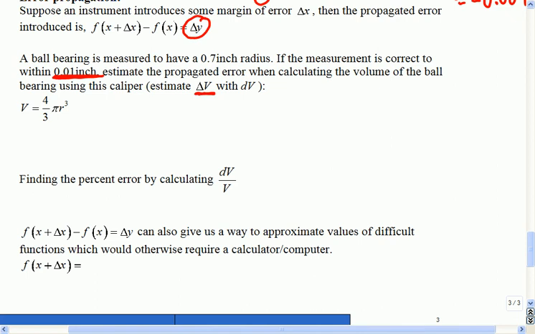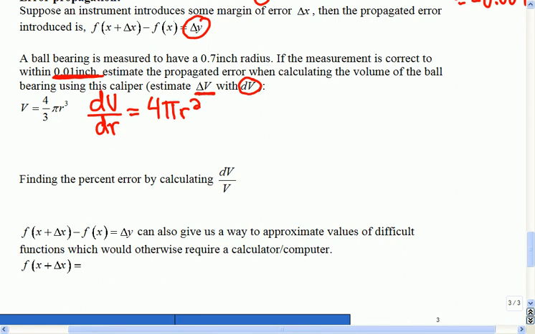We would be able to do this if we knew exactly what the volume is, but we don't, right? There's errors in it, so we're going to approximate it with dV. The derivative of volume with respect to the radius is 4 pi r squared.